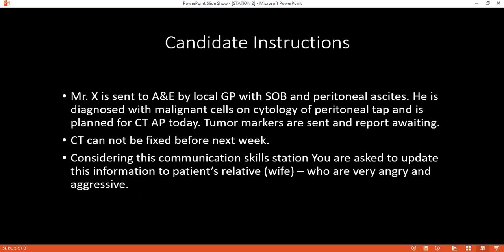It was found that his tummy has a certain amount of fluid, and part of that fluid was taken for analysis, and it showed cancer cells, unfortunately. So we are planning a CT scan to find out where these cancer cells are coming from and whether it has spread anywhere else.